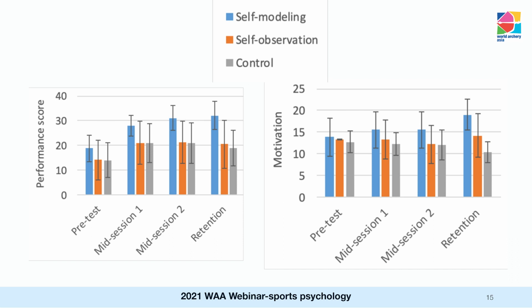So this means seeing the videos of one's own movement might be helpful psychologically because it brings higher motivation level. But in terms of movement per se, maybe the self-modeling way is a bit better.